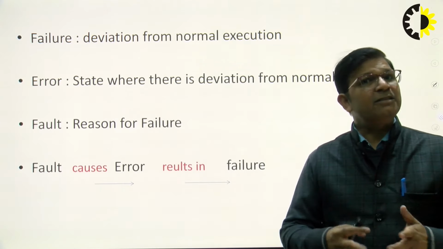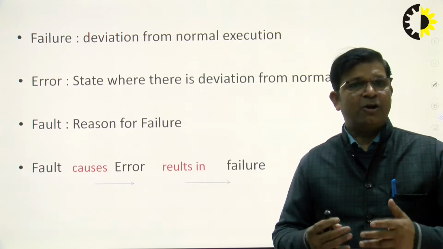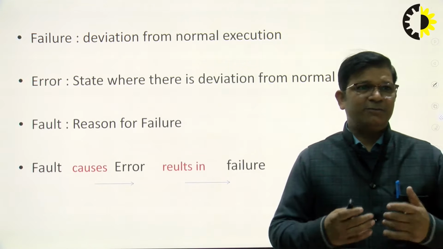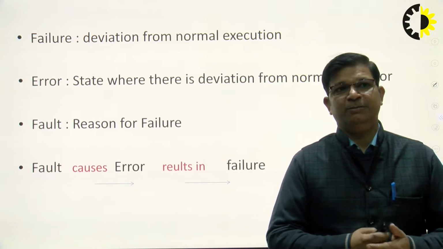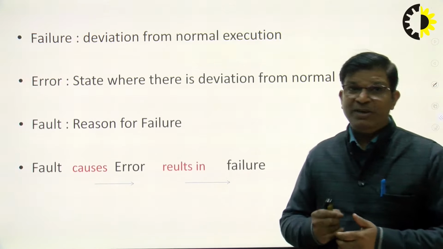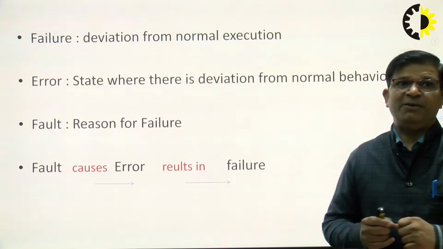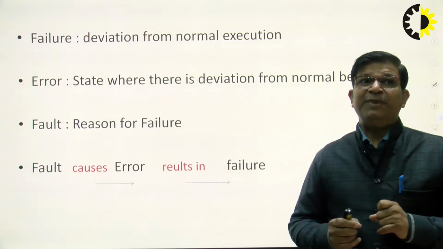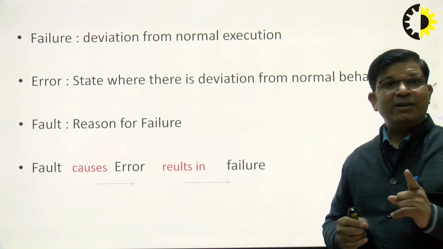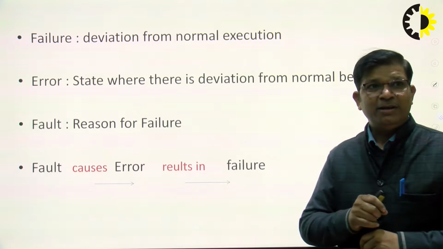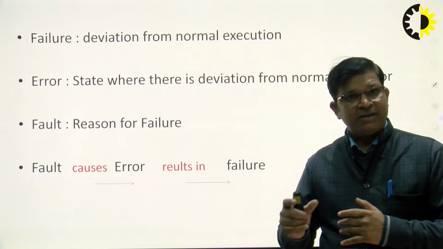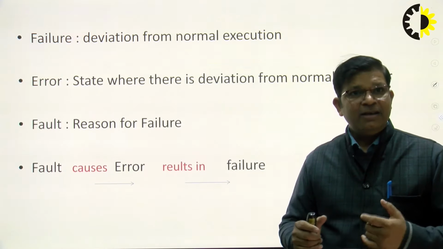The system fails to operate the current command that we have initiated. What is error? It is a state where there is a deviation from normal behavior. Failure is when the system is denied to operate the current execution, and error is a deviation.